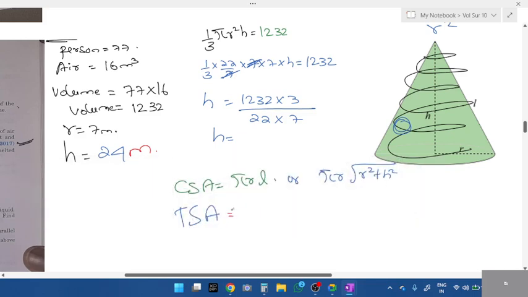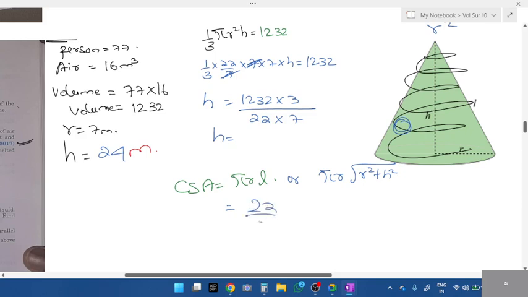Okay. Total surface area is, sorry, curved surface area. These two are easy, cylinder and sphere. Cone. The sphere is a bit confusing. Lot of concepts, students.